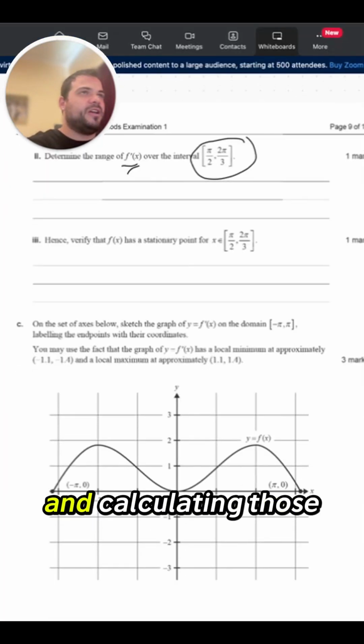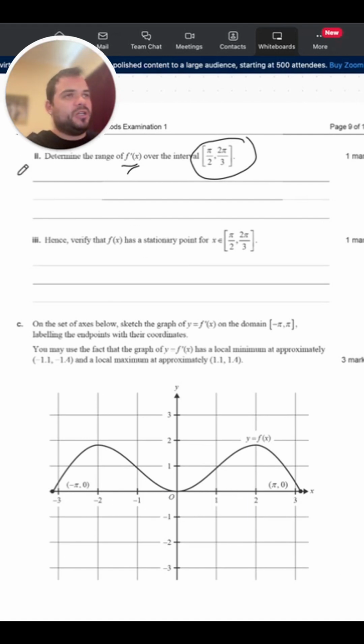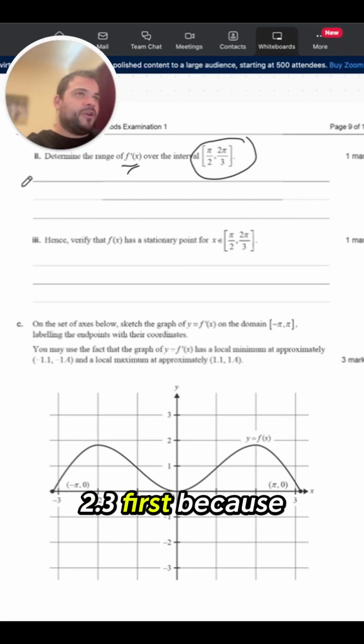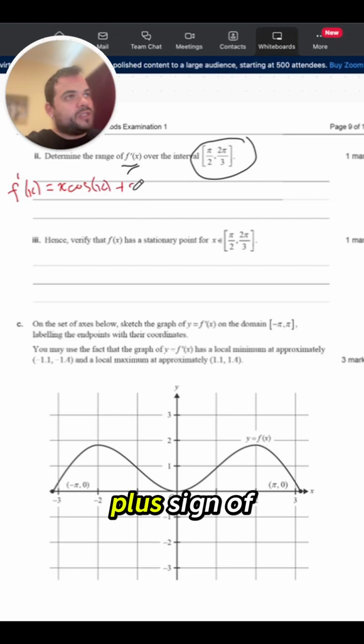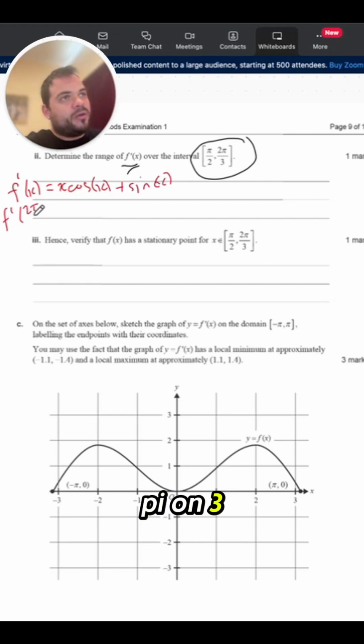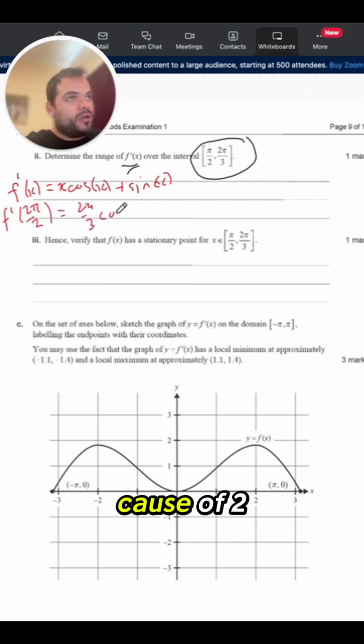So going ahead and calculating those endpoints, I'll just do 2 pi on 3 first, because that's the lower bound of our range. So we've got f dash of x equal to x cos of x plus sine of x, and then f dash of 2 pi on 3 is equal to 2 pi on 3 cos of 2 pi on 3 plus sine of 2 pi on 3.